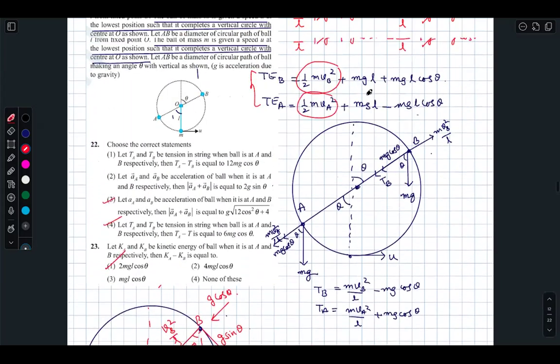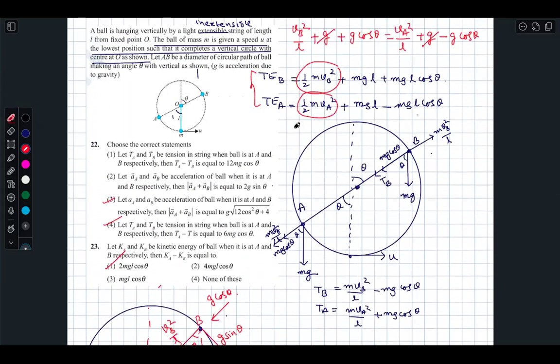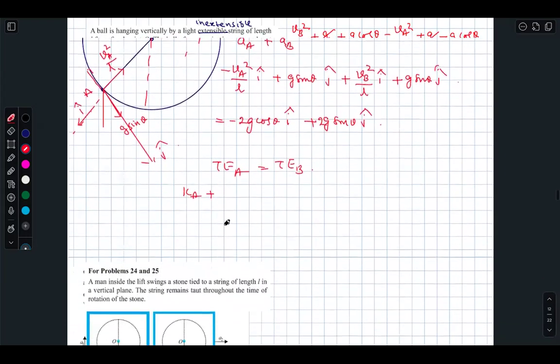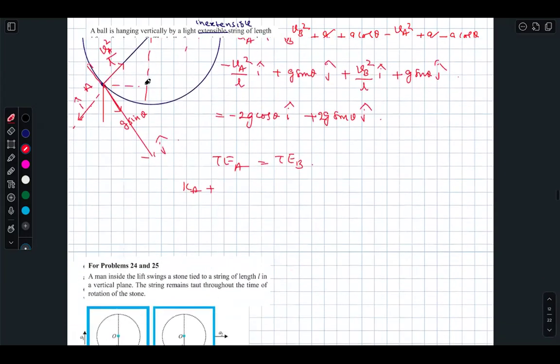Now, what is total energy at A? Kinetic energy at A plus, what is this? This is the height, this is the theta. So mgl times (1 minus cos theta) is kinetic energy at A plus mgl times (1 plus cos theta).